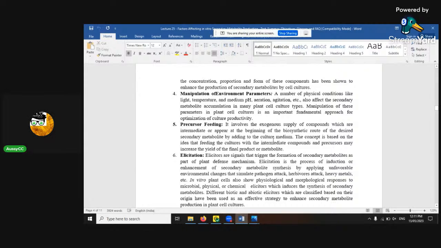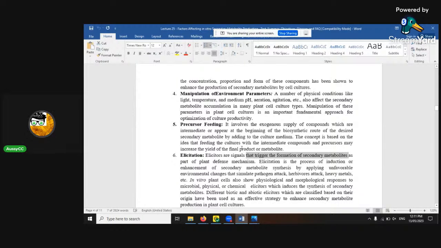The FLS2 receptor would be activated if bacteria with a flagella were there. So the bacteria would be like an elicitor, you could call it. If the bacteria were there, or you put them there, that would be the signal that would trigger the formation of the secondary metabolite.